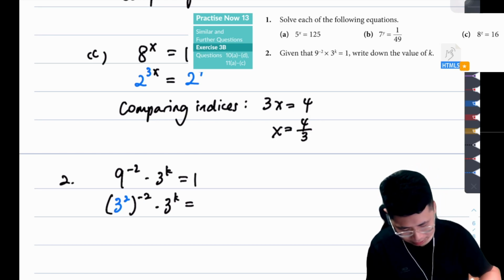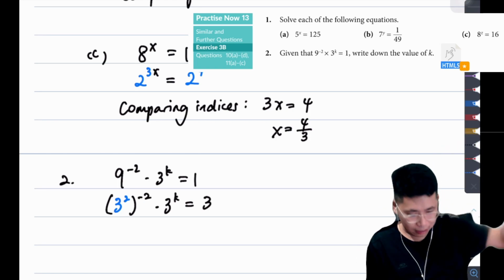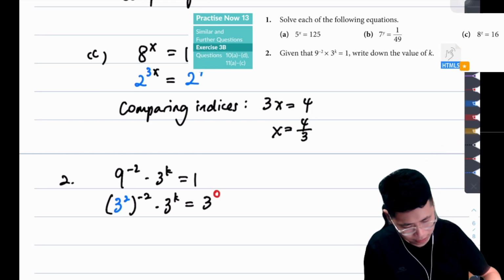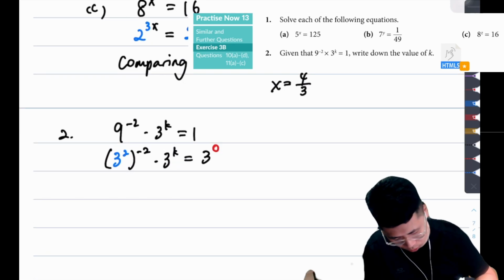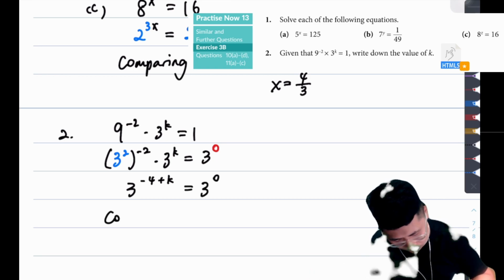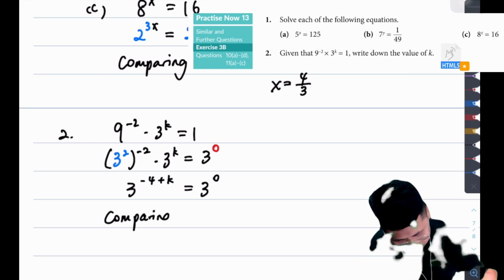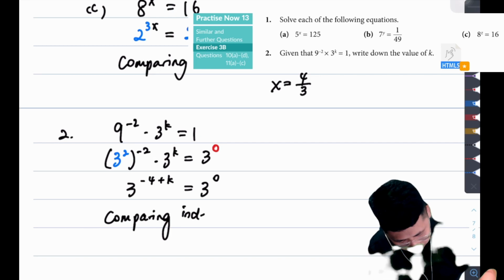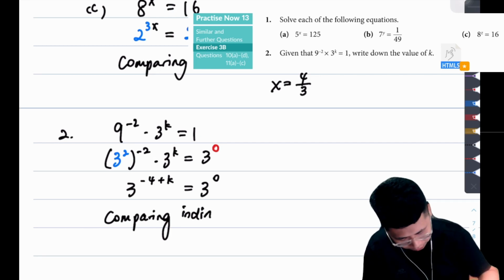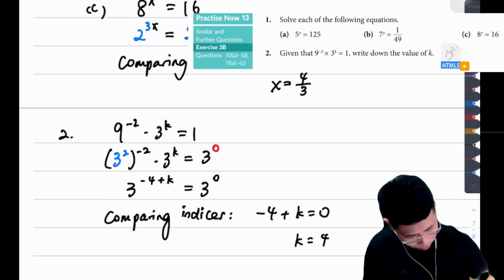We want to make the base the same. However, based on the definition, anything to the power of 0 is 1. So this would be 3 to the power of 0. So without further ado, I have 3 to the power of negative 4 plus k equal to 3 to the power of 0. So what we can do is compare indices. Negative 4 plus k equals 0. k is equal to 4.